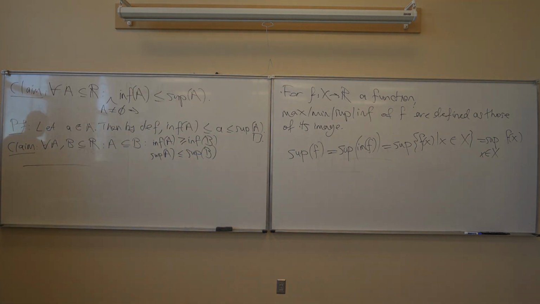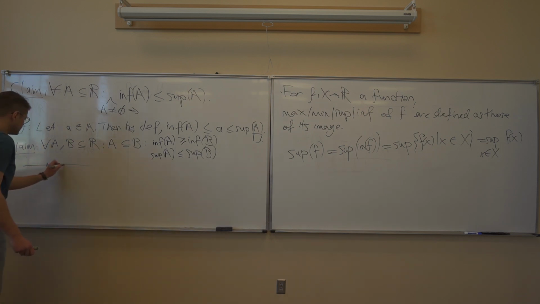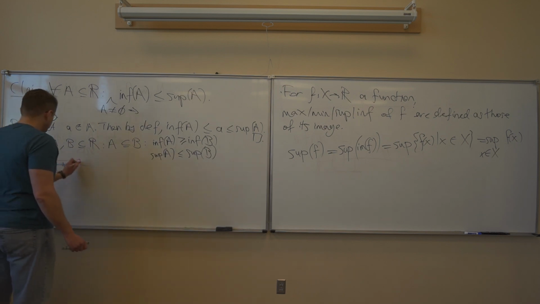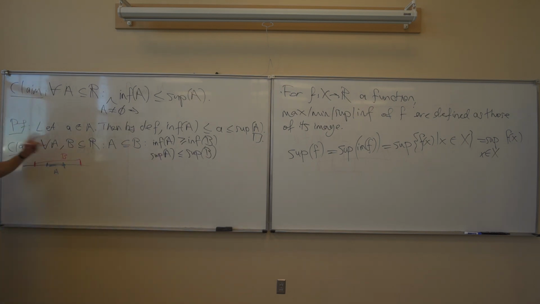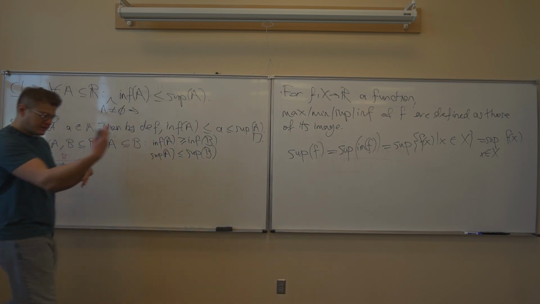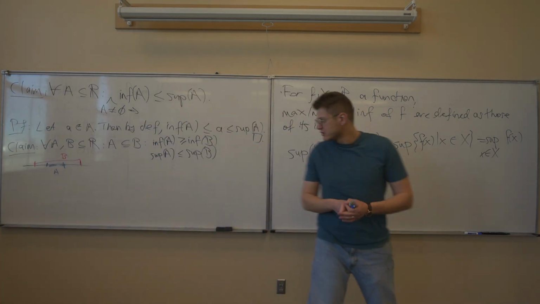Of course, your colleague is correct. So what is the idea? You can test it out with intervals if you want, but I have here a subset A, and then somewhere here is a subset B. A is a subset of B. Sup is the upper bound.